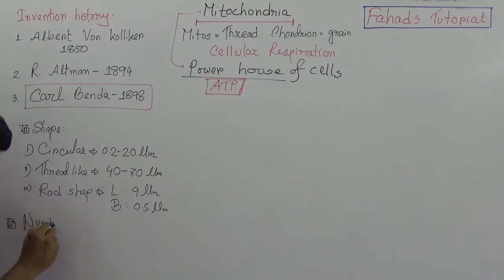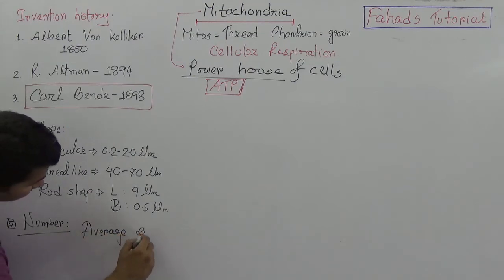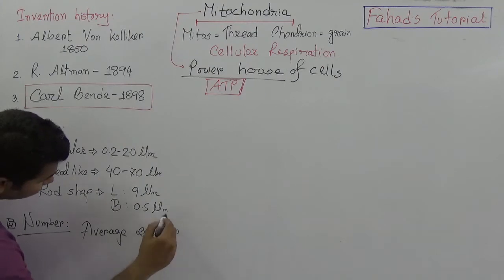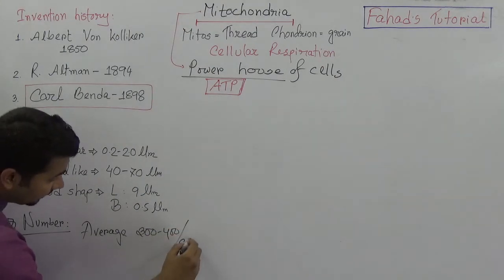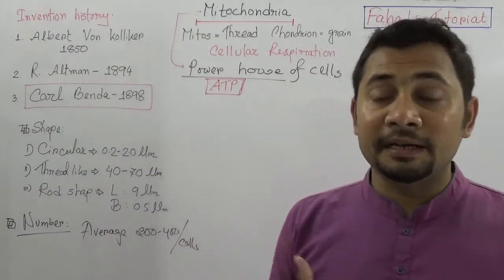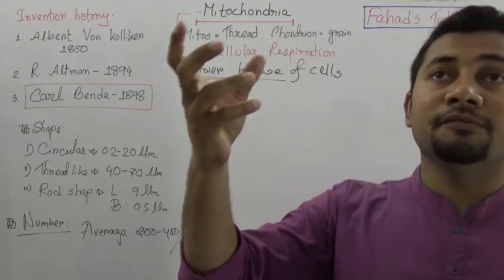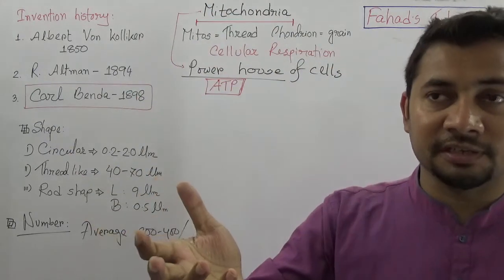In hepatic cells, the liver cells, there might be thousands of mitochondria.